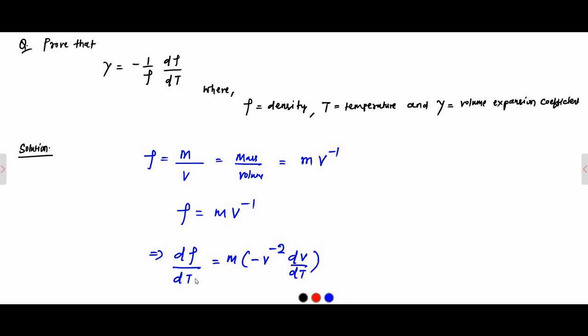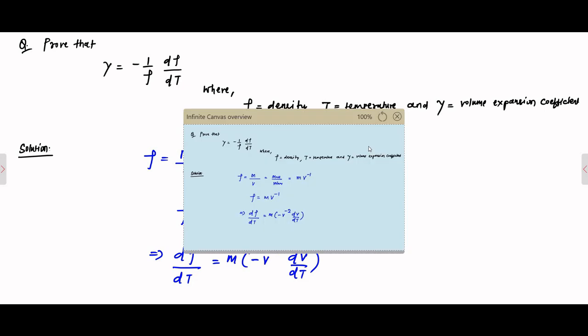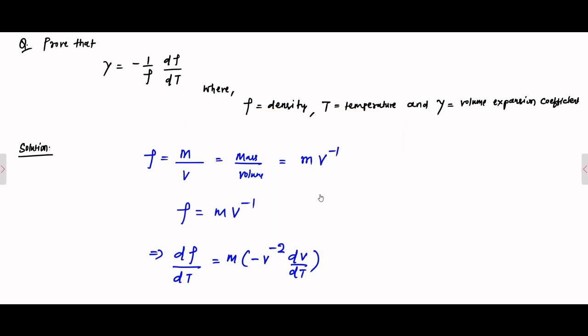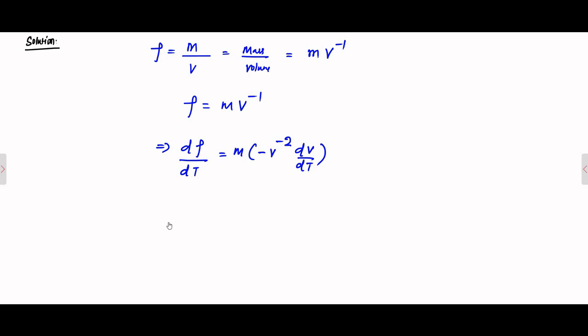Okay. So now we can express it as minus m by V, then dV by V dT. We can write it in this way, there will be no problem. 1 V in the denominator with mass, and this dV by V dT.